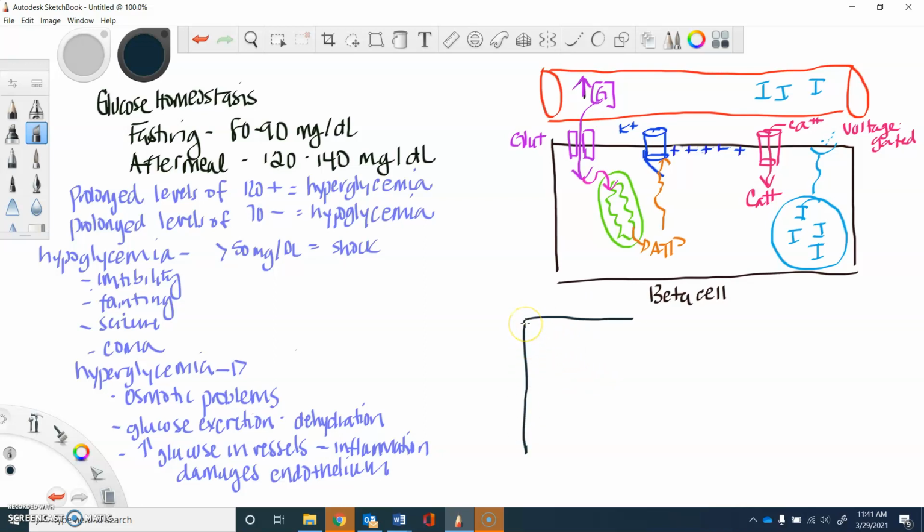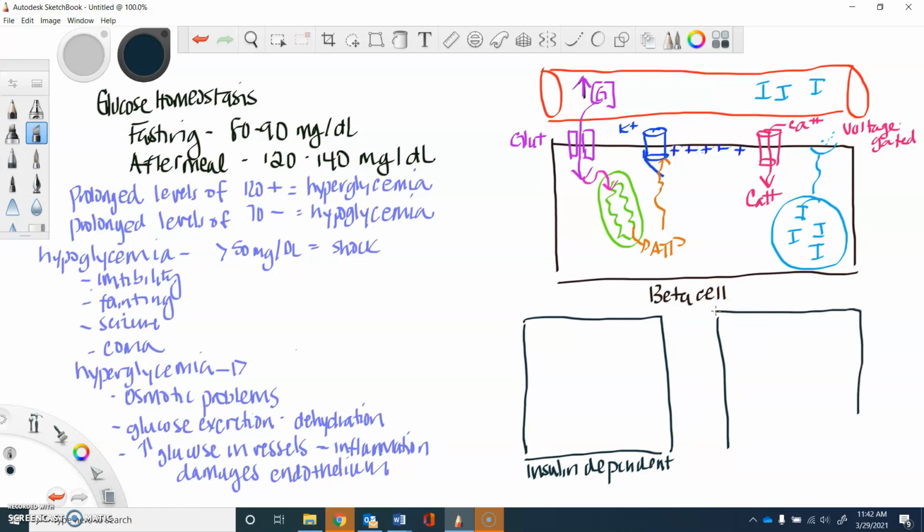We have basically two types of cells in the body that deal with insulin. We have insulin dependent cells, and cells that are not dependent on insulin, and those are cells in the liver.